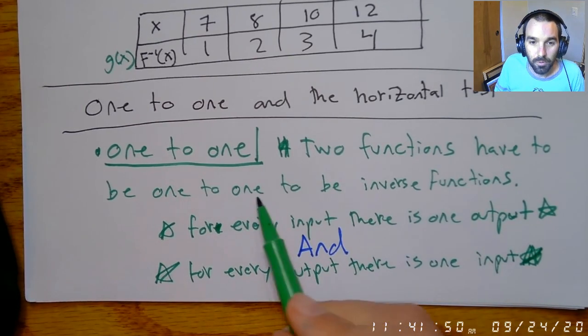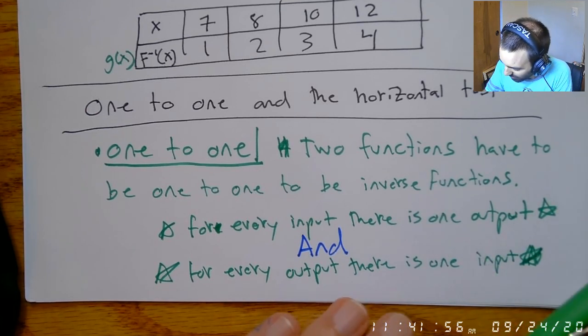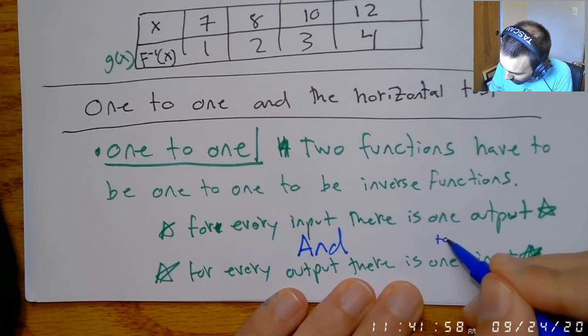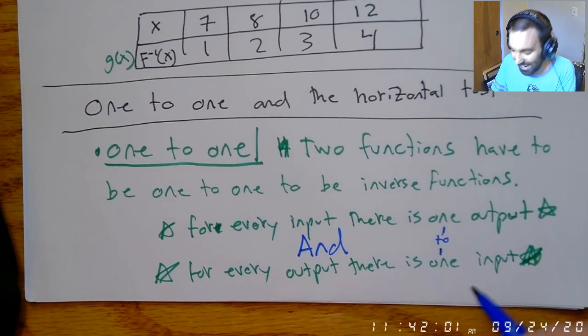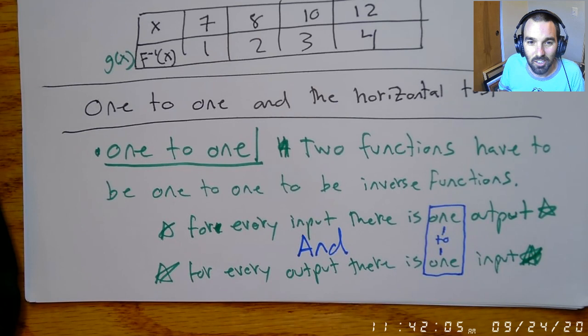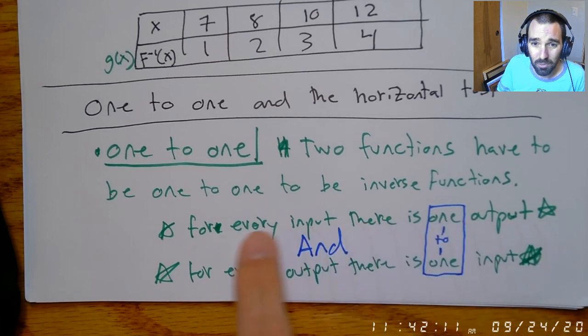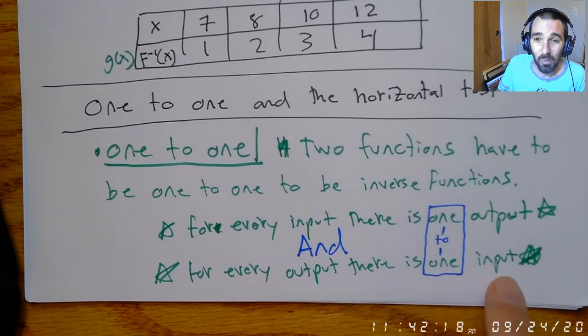That's why we call it 1-to-1. Do you see where the name comes from? For every input, there is one output. This top one, that's just the definition of a function, right? But this bottom one, for every output, there is one input. Okay, so it goes both ways, right?